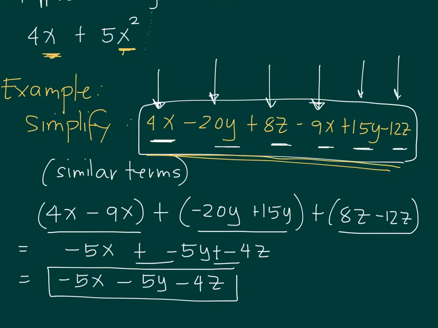Now for those who can do it directly, they do it this way, just to give you some idea. They look at 4x and 9x and do it mentally. What is 4x minus 9x? That should be negative 5x. And then they look at the y's, so they have negative 20y plus 15y, so they know it's negative 5y. 8z minus 12z, they know that's negative 4z, so they have minus 4z.